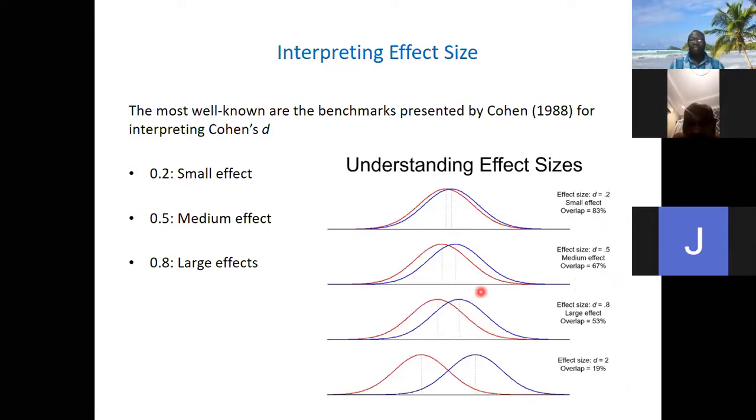The overlap is less, so the difference is a little bit wider. At an effect size of 0.8, large effect size, the overlap here is 53%. This one is an effect size of 2, not 0.2. So the overlap, can you see, is very minimal. That's why there's a gap between them.